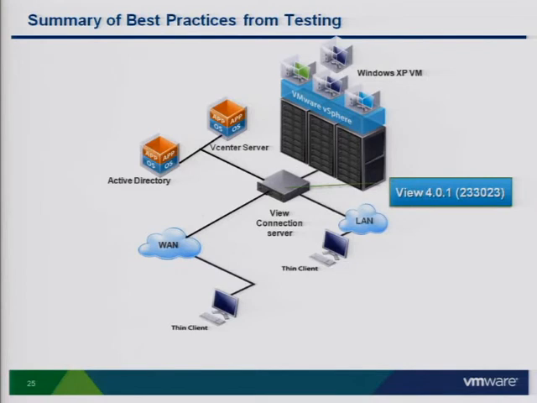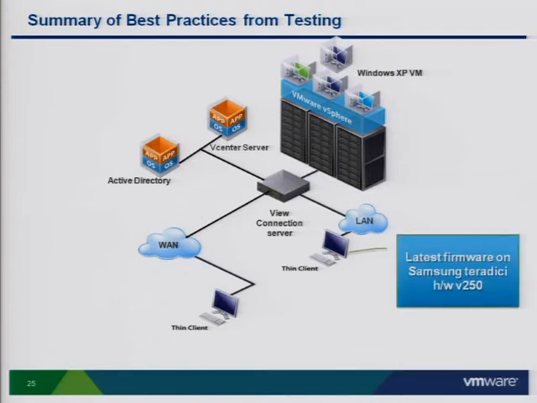Using the then latest and greatest version of View and ESX with the right build was critical to our success, especially to get the USB to work. Obviously, with 4.5 View just a few days away, that would be the next thing to try out. Next, the firmware on the hardware devices. It turned out that to get the USB devices to work fine, you needed some support from the firmware on the hardware side too, from these client devices, and we were not running the right version of the firmware, and the USB was just not working.